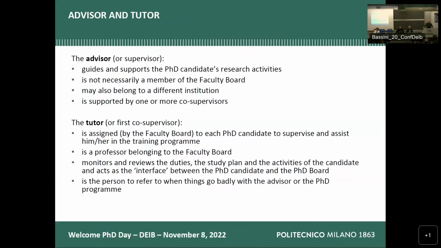If, for example, something goes wrong with the advisor or anything goes amiss, then the person to talk to besides your advisor is the tutor. And besides the tutor, there's always the coordinator of your PhD program. So if something is wrong, these are the people to contact.